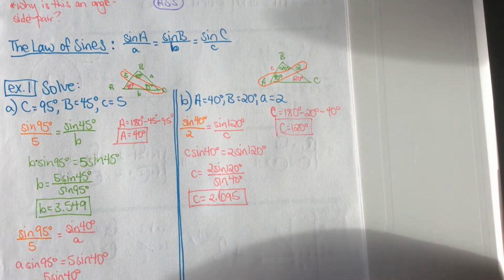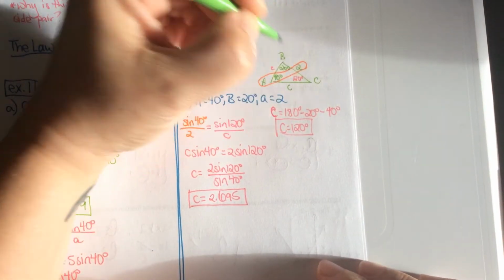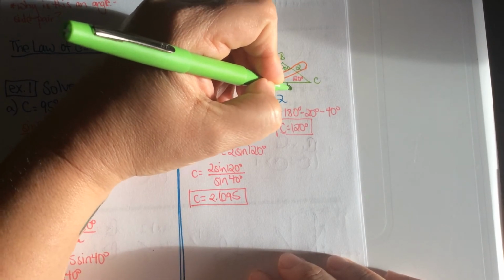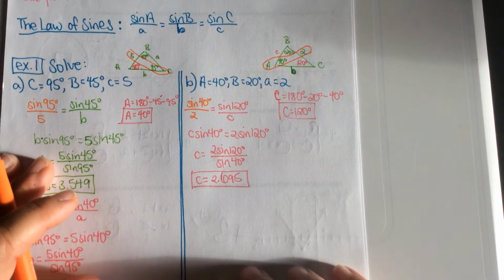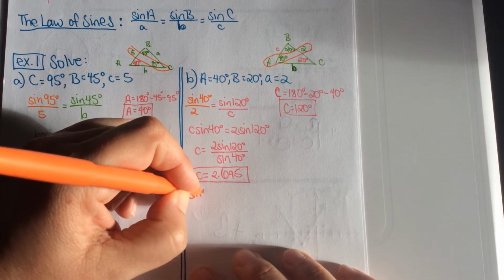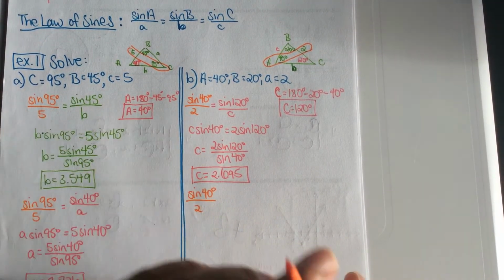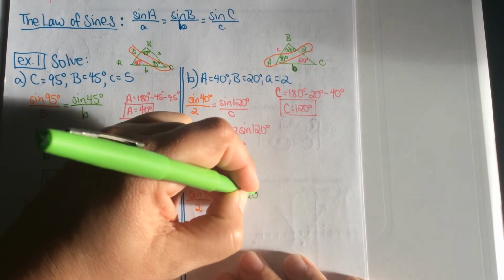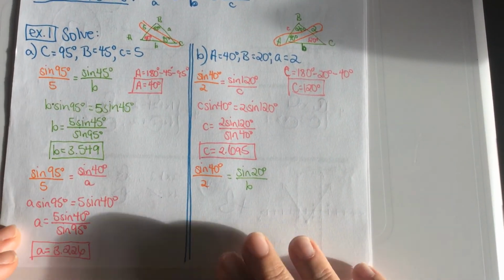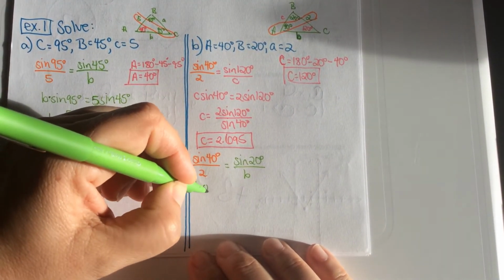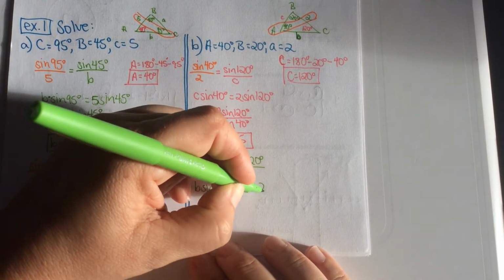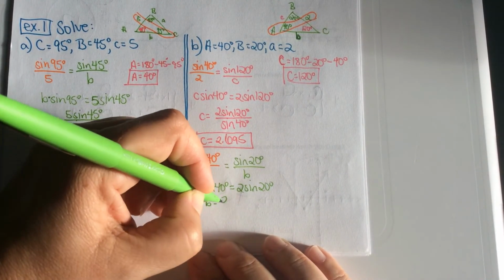And I can also find, oops, that's a B, right? So I'm going to go back to my angle side pair, sine of 40 and the two pieces that are given to me. And then I'm going to connect it to B now to find side B. This is the fourth time you've seen me do this.